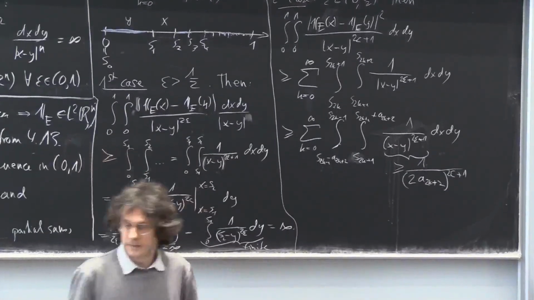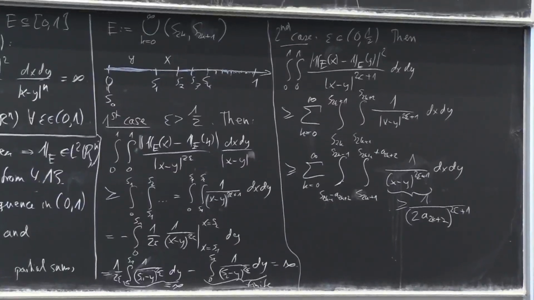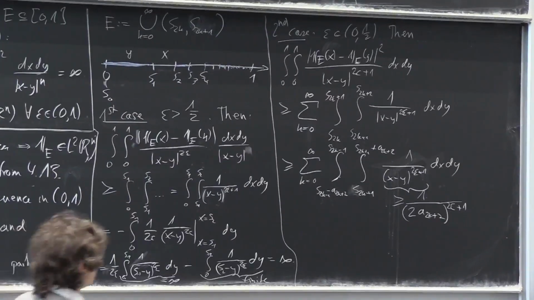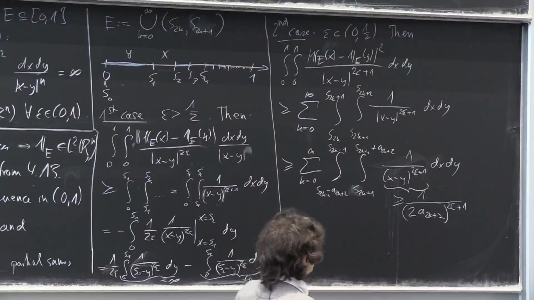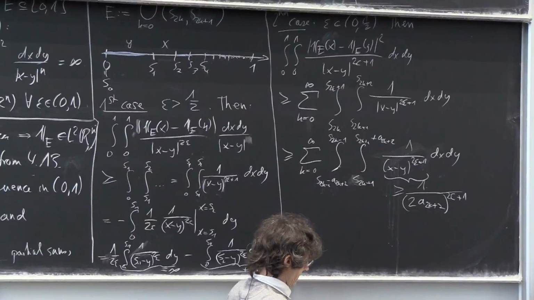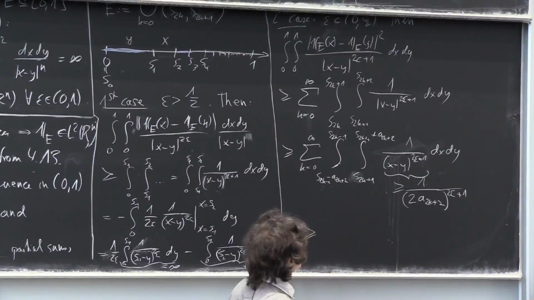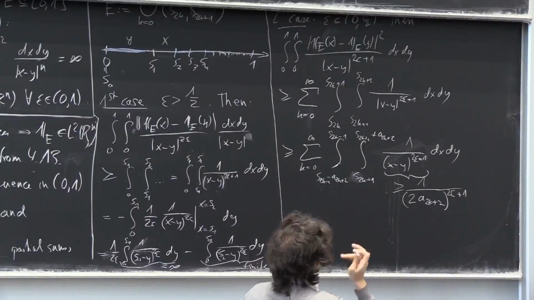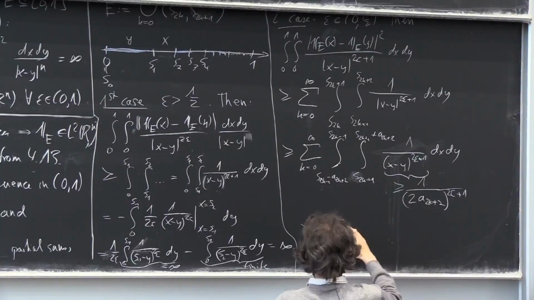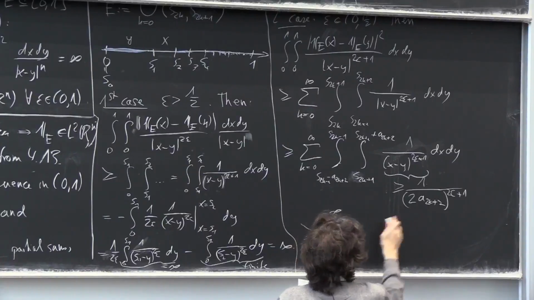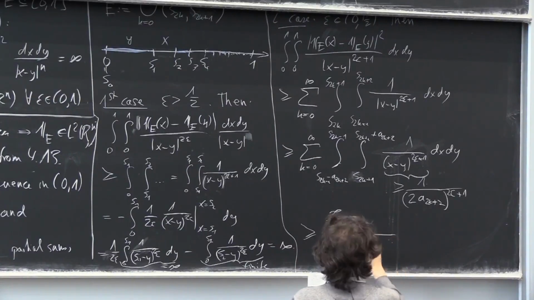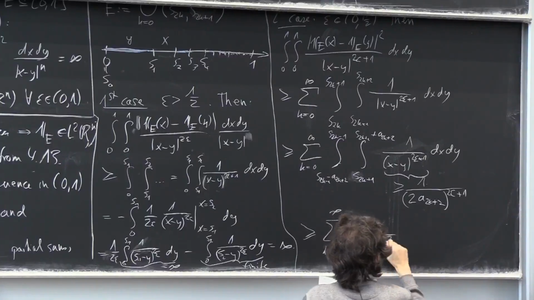So the whole thing, if I do this estimation, I have the sum k going from 0 to infinity. Then I have this denominator 2a2k plus 2 to the 2 epsilon plus 1.